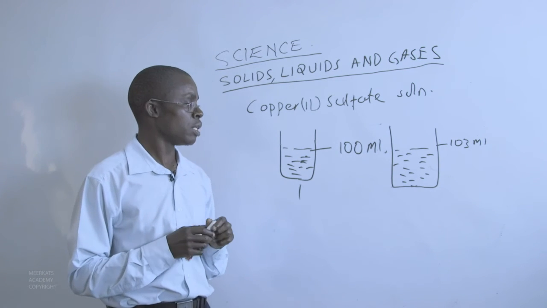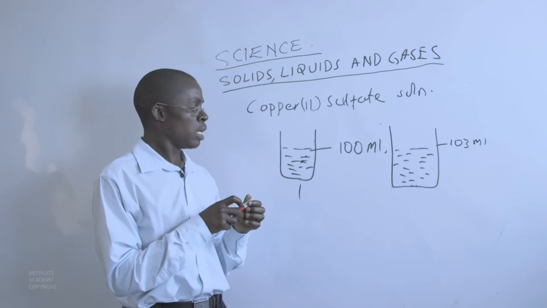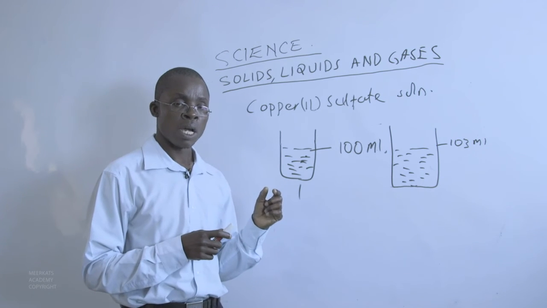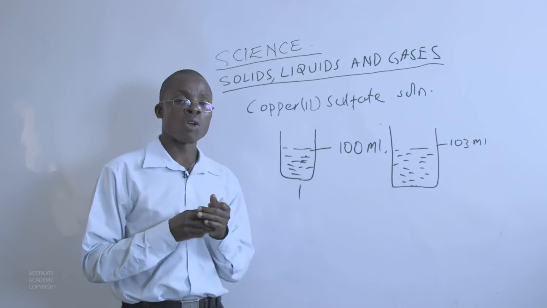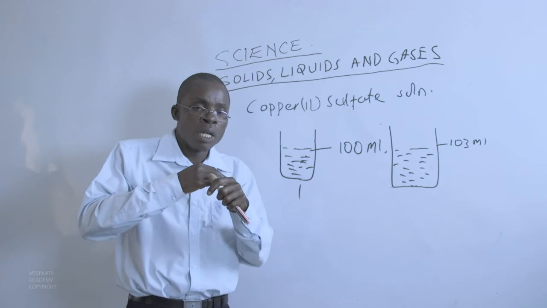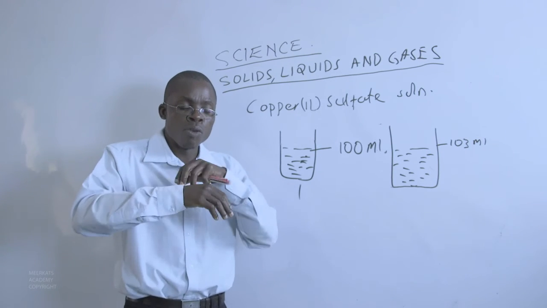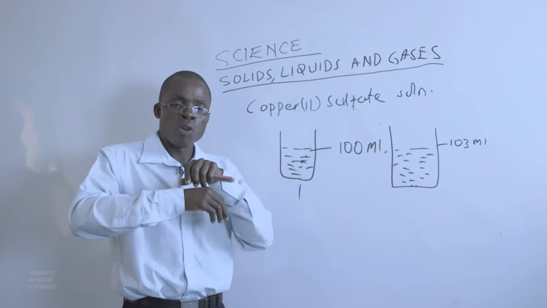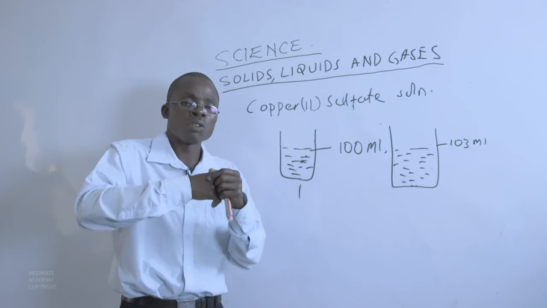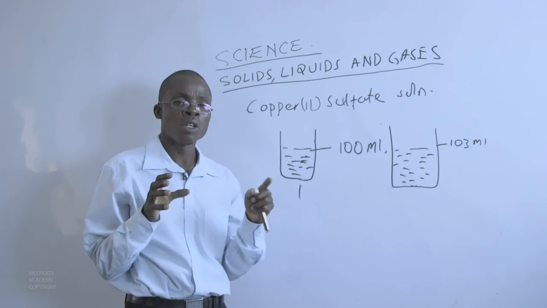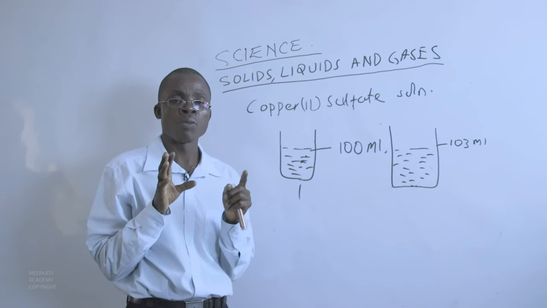Step number 1 is the solid particles, and in our case here, the solid particles are copper sulfate, roll because of the liquid being able to move, to roll over each other. As they are rolling over each other, they make these solids also to move. Not that solid particles move, they only vibrate.